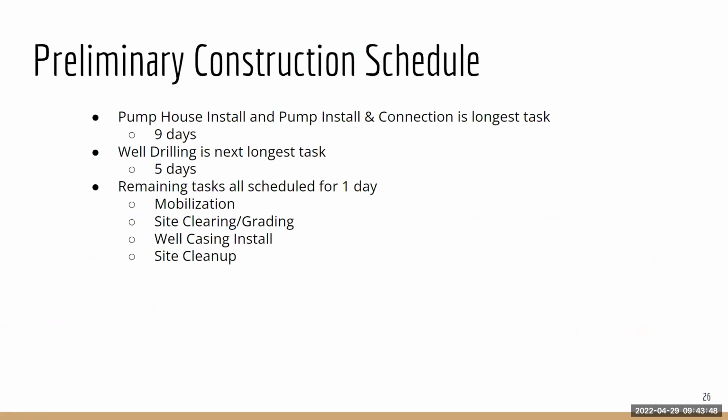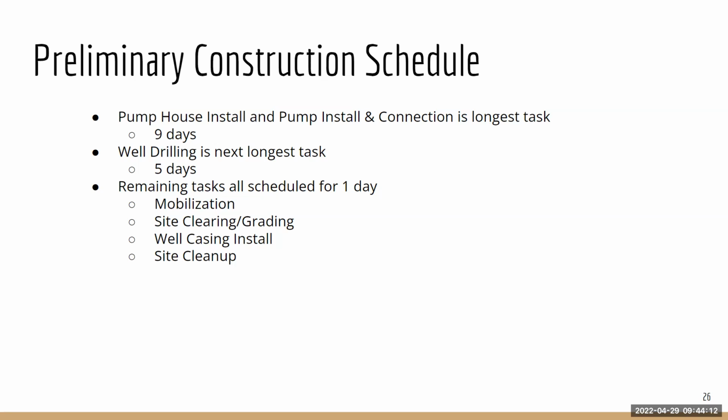So for our construction schedule, we had a couple major tasks, and this is just for well pump installation. For the pump house install and the pump install and connection, the longest task is 9 days. Well drilling is the next longest task. This is going to take approximately 5 days. And the remaining tasks are all very short, scheduled for 1 day.